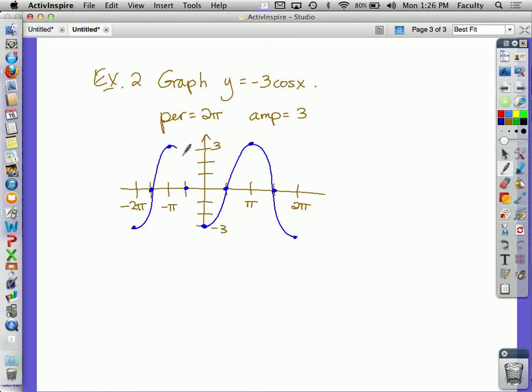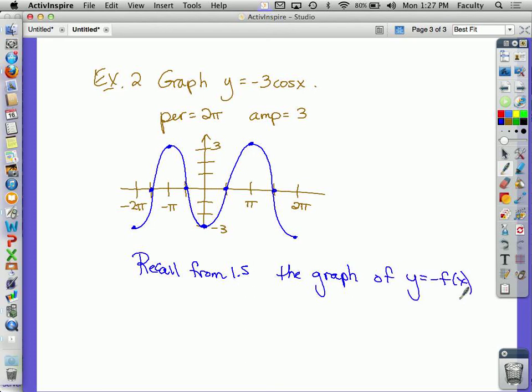Again, make sure at your turning locations that it's rounded. Okay, you want it to be rounded there. Recall from section 1.5, the graph of y equals negative f of x is a reflection over the x-axis.